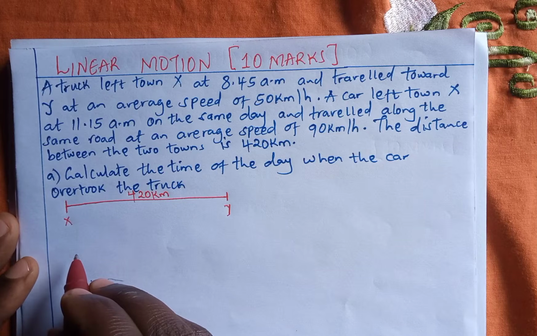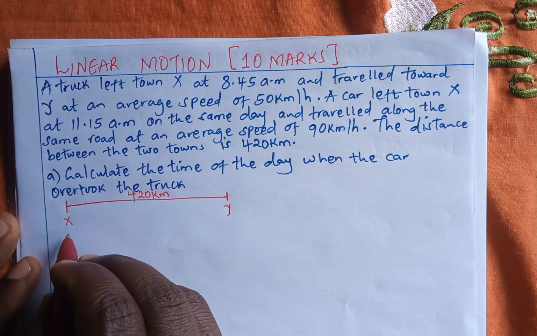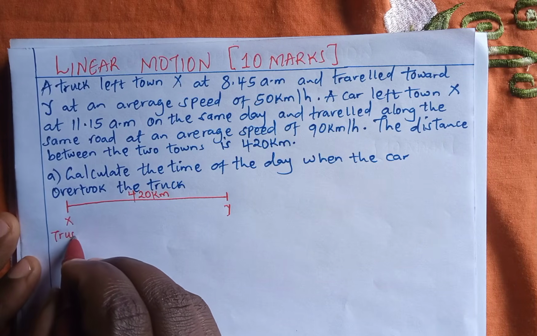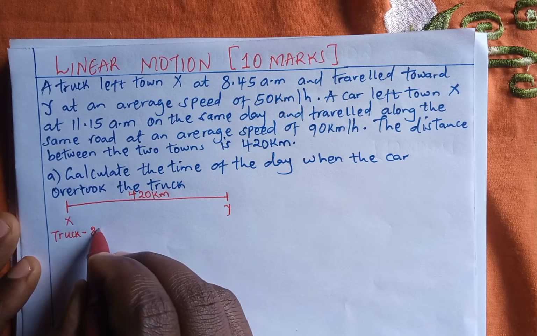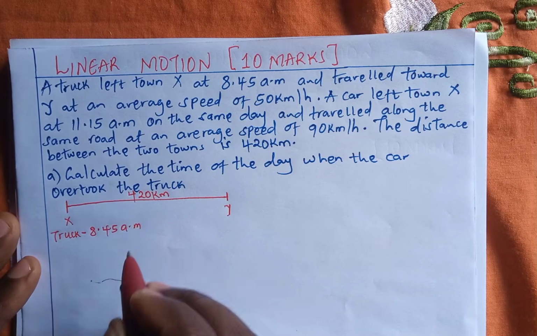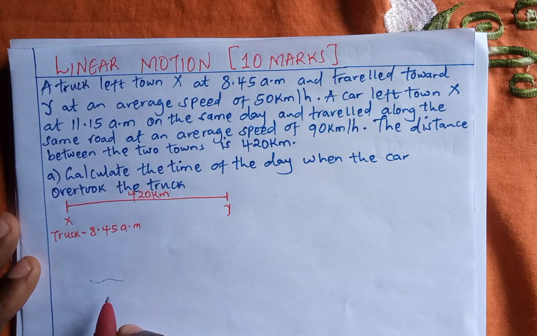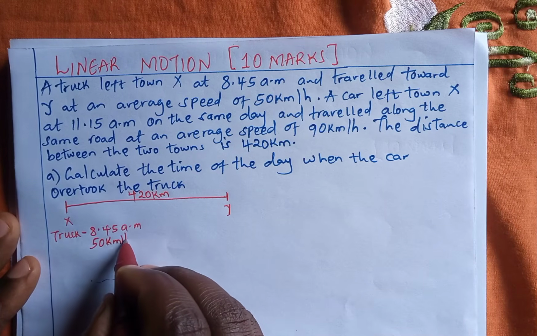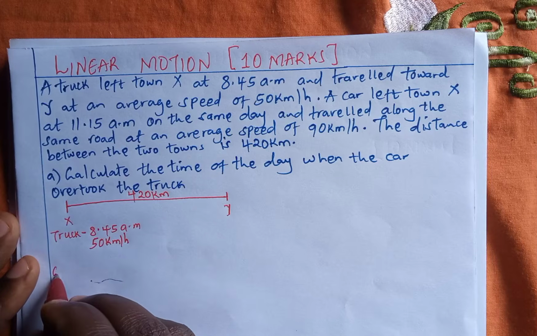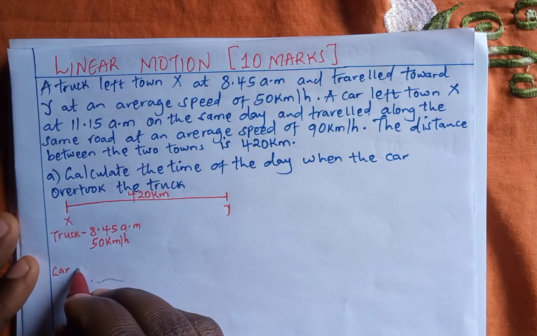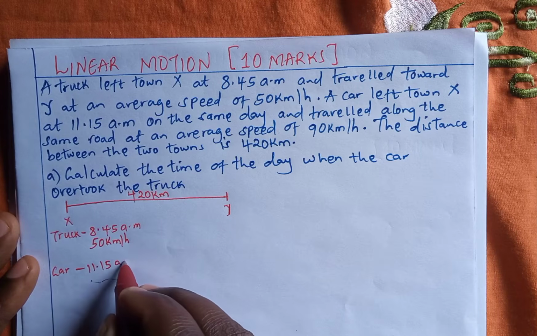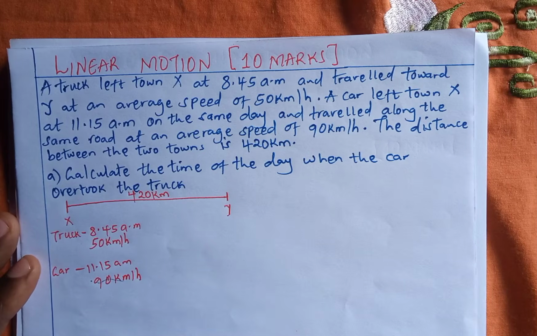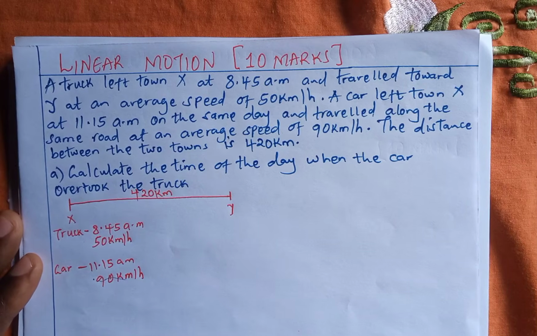The truck left this town at 8:45 a.m. towards point Y, at an average speed of 50 kilometers per hour. Then we have a car that left at 11:15 a.m. at an average speed of 90 kilometers per hour. Very important.